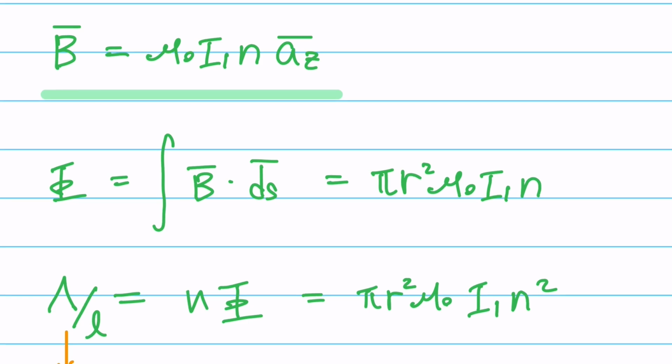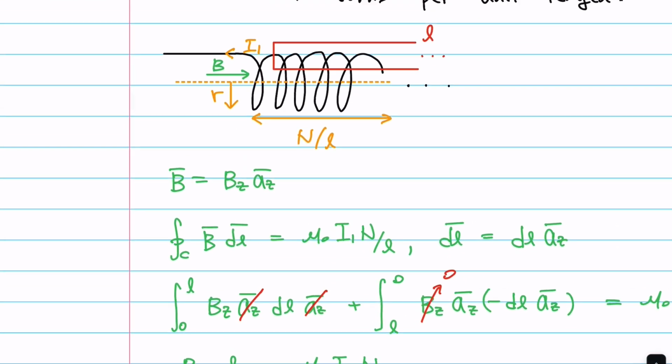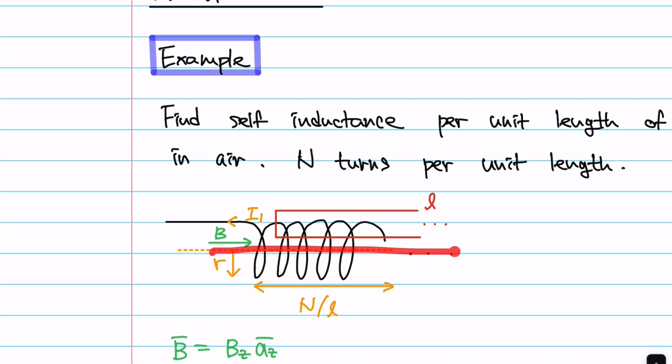Once you do that, that's the flux. But see where the flux is flowing through. All the flux is flowing inside this coil, right? So depending on the number of coils, the linkage increases. If you have 4 coils, then it's 4 times the flux. If there are n number of coils, it's n times the flux.